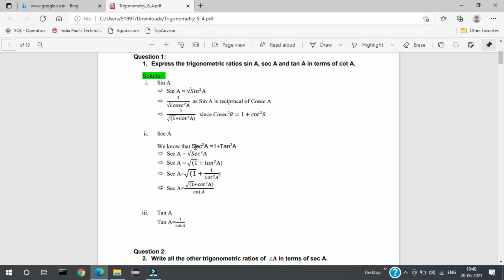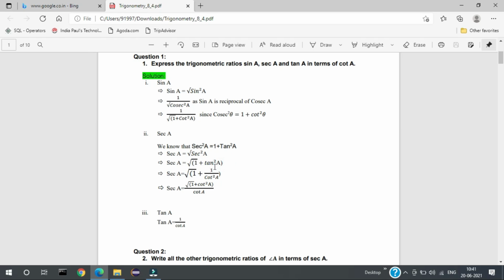We know the identity: 1 plus tan square A equals secant square A. So secant A can be written as the root of secant square A. Secant square A can be written in the form 1 plus tan square A. So root of 1 plus tan square A.